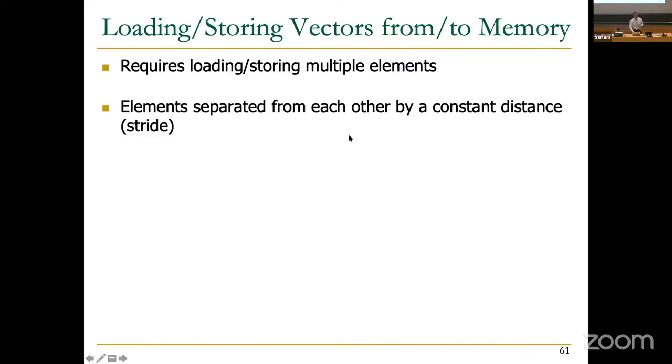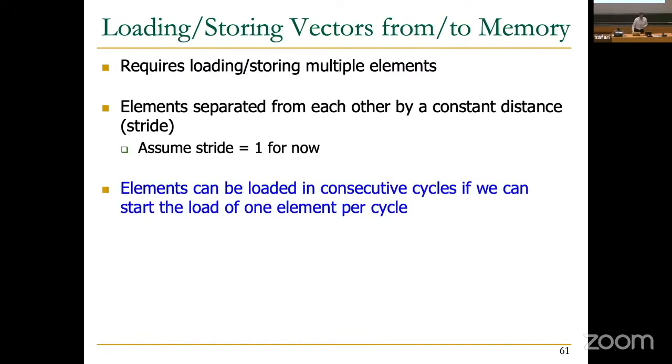So elements are separated from each other by a constant distance. We're going to assume this initially. This is called a stride. If this is not true, it's going to become a bit harder, as we will see. We're going to assume a stride of 1 for now, for simplicity. Later, I'm going to generalize this. And basically, elements can be loaded in consecutive cycles if we can start the load of 1 element per cycle. So basically, every cycle you start the load of 1 element, and hopefully you get the result after n cycles.